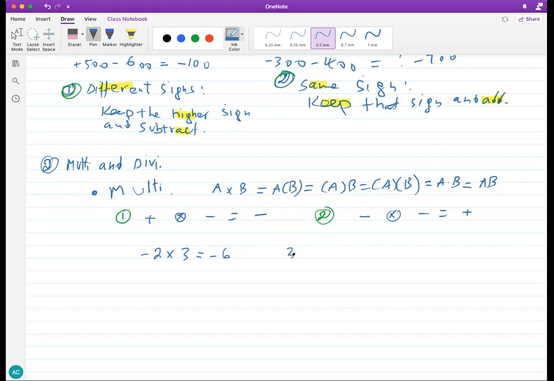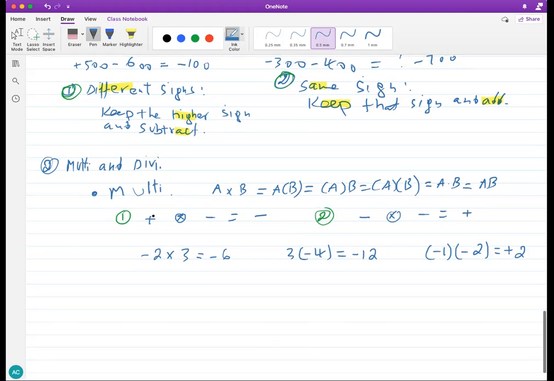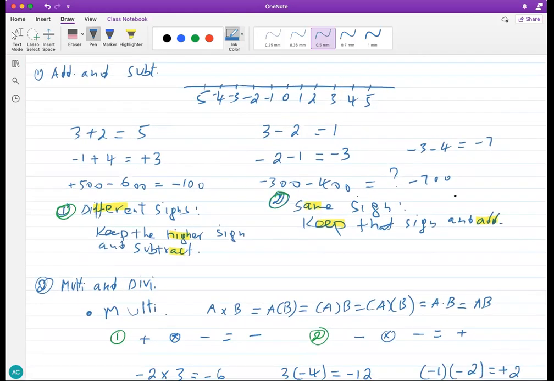What about 3 times something like -4? Negative, -12. It may also be something like -1 times (-2). That gives you positive 2, because it's two negatives. Any one of these forms, just remember: same sign positive, different signs negative. And this is talking about multiplication and division, not addition and subtraction, which are a little bit different.